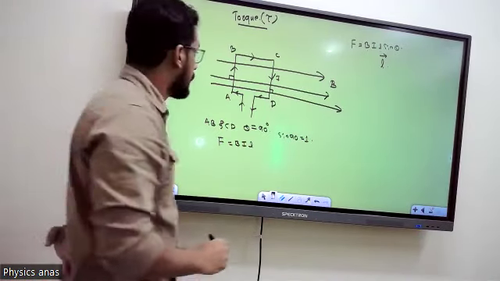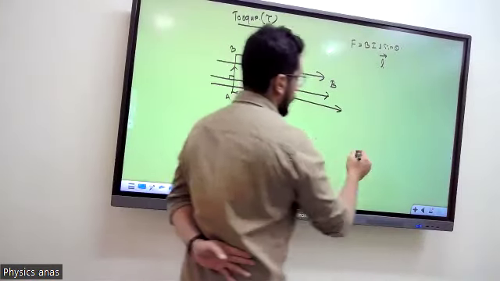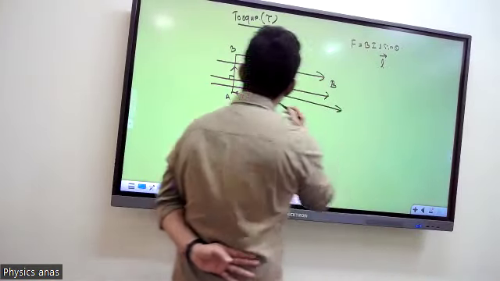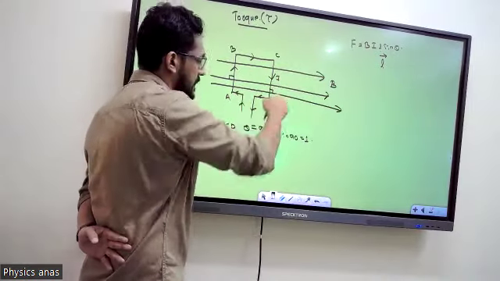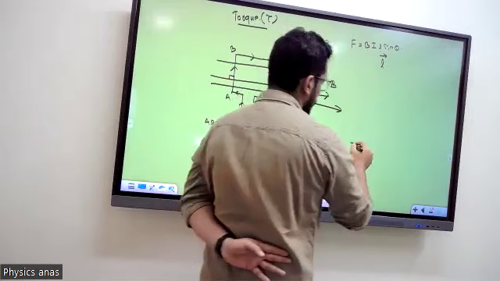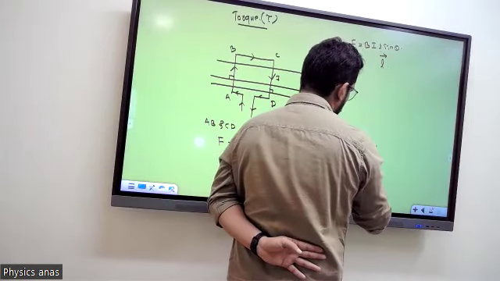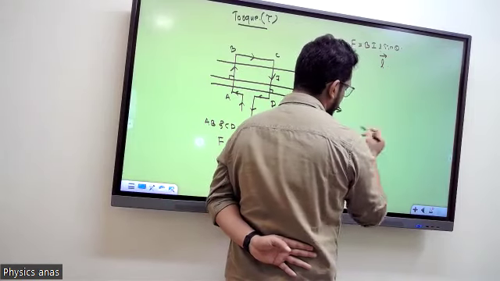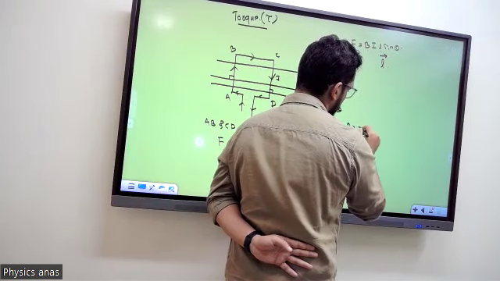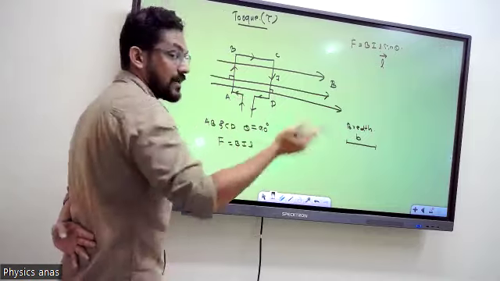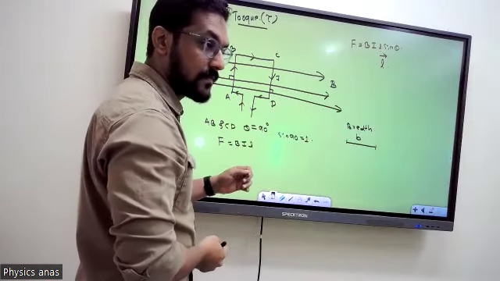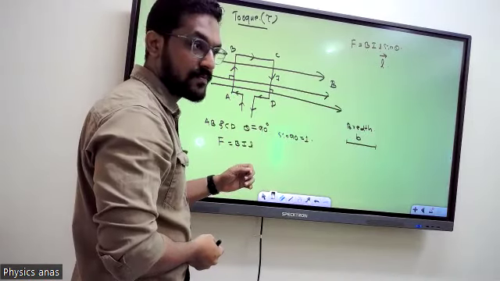Okay. If I am looking at any lines, AB or CD, I am taking the breadth. What is this? This is the breadth. If I am taking the breadth, you can use Fleming's left hand rule here.